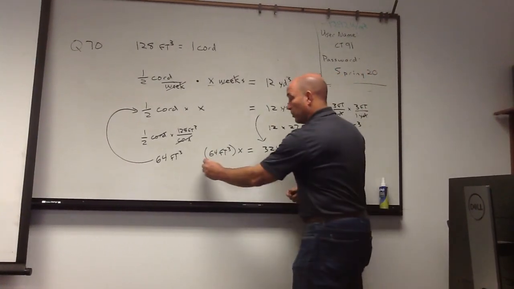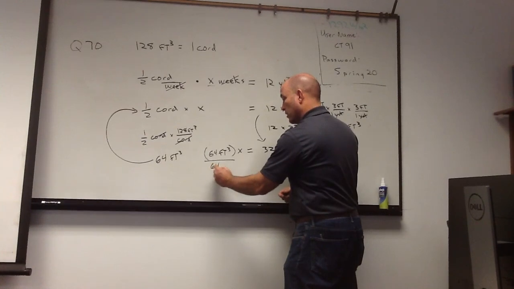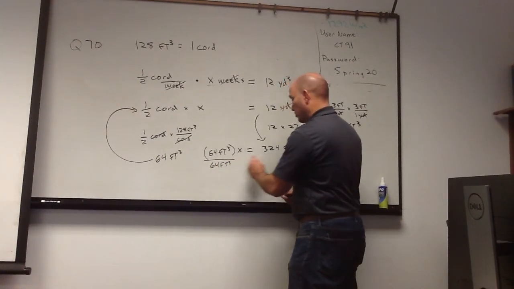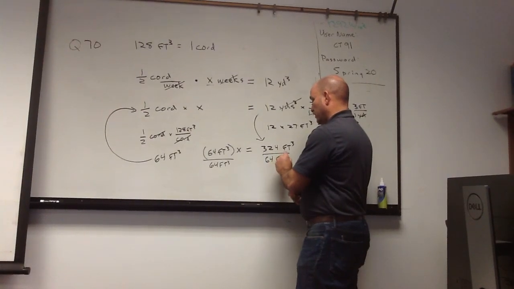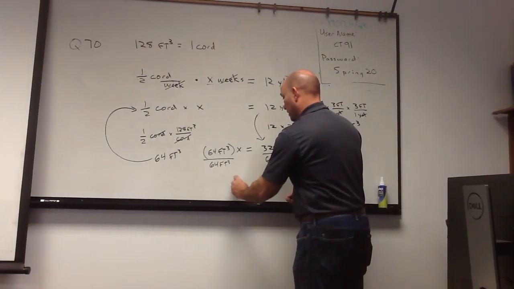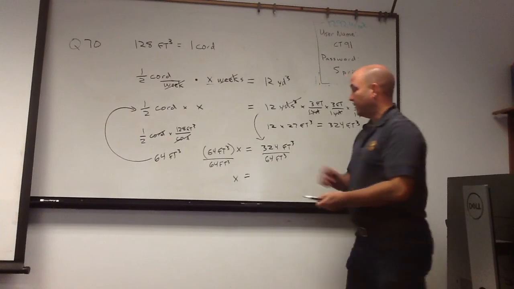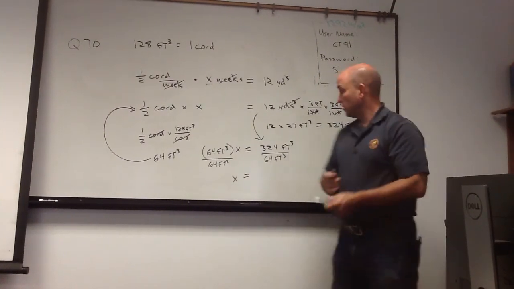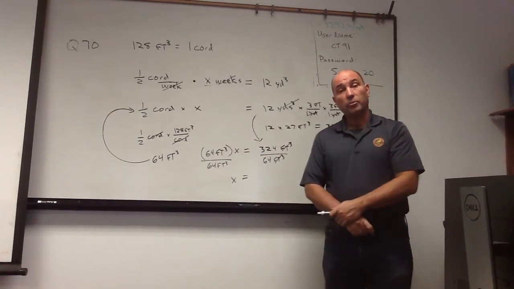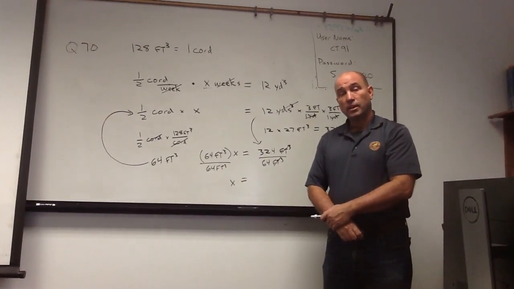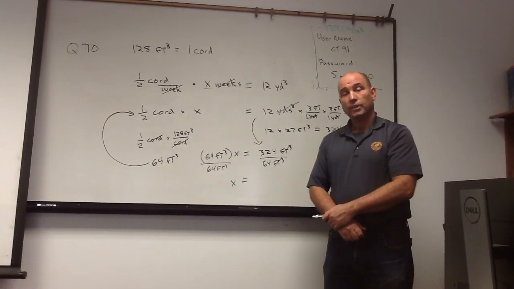Yep, I'm going to divide both sides by 64 feet cubed. And then I'm going to go x equals, and then I have to divide that, and I'll get some number. Again, the feet will be gone, and that's going to tell me how many weeks of cordwood I have. That's it.